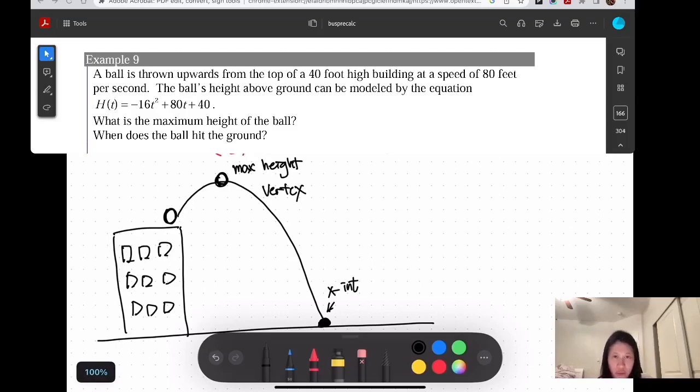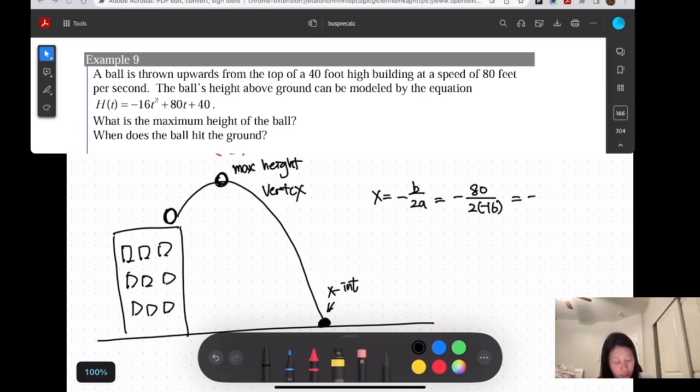Okay, so let's solve the first one. How to find the maximum? Well, the maximum is the vertex. The x-coordinate of the vertex equals negative b over 2a, where b equals 18 and a equals negative 16.